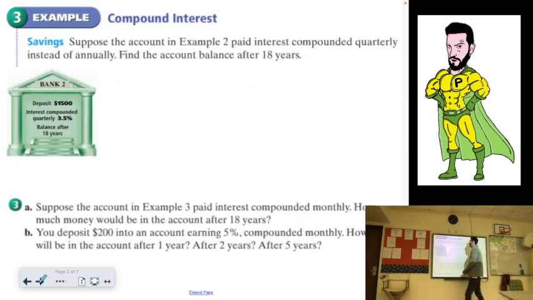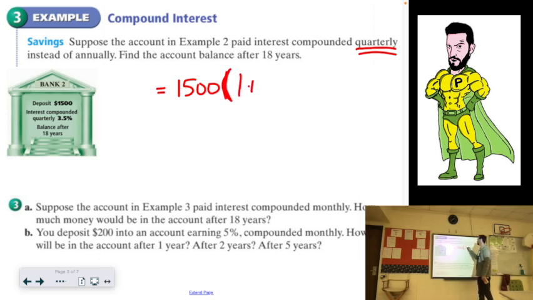All right. Now we're going to change it from not just once a year. This one is going to be compounded quarterly. Quarters, if you're thinking about quarters, how many quarters in a dollar? 4. So that means 4 times a year, they're going to calculate the interest and put it into the account. So the starting amount is $1,500.